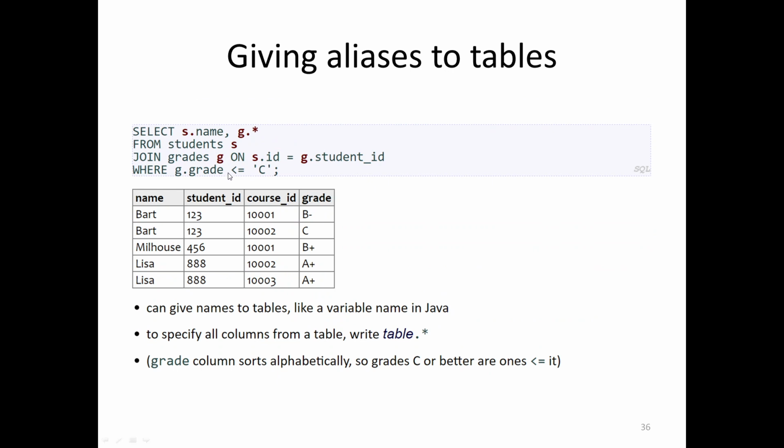And I can define different criteria. I would like to find all the students who got less than C. What I'm doing is saying less than C. This comparison works in a lexicographical way.